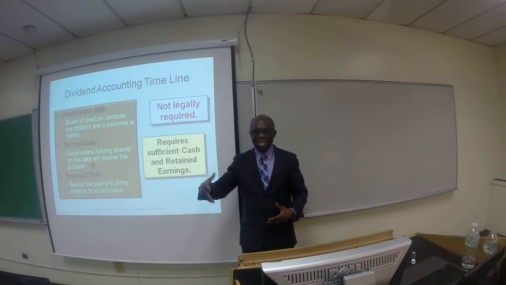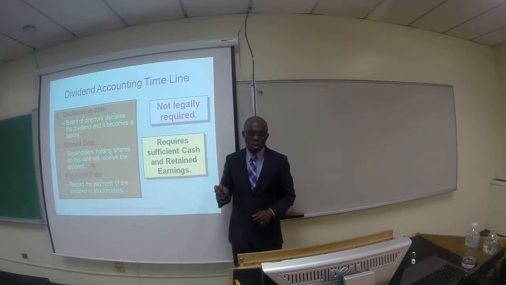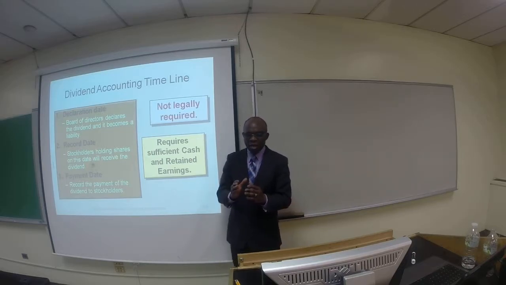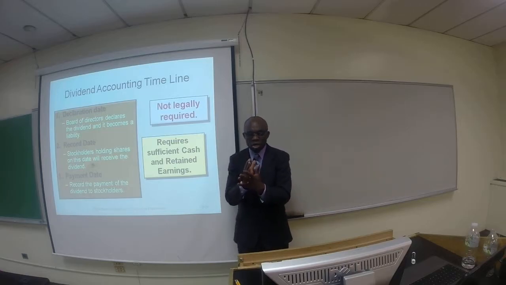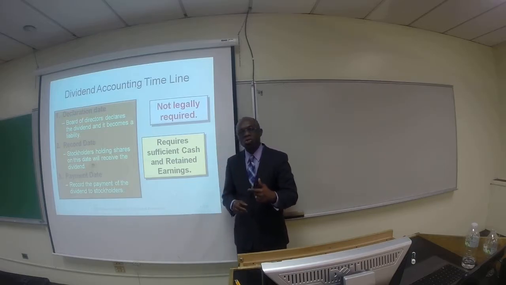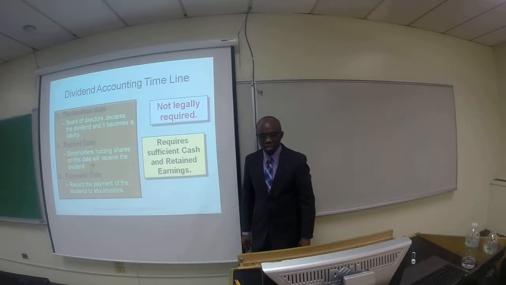Number 2, there is a record date. That is the date the stockholders holding the shares on that particular day will receive the dividend, not after. The payment date is the date that the company actually pays shareholders the dividend.